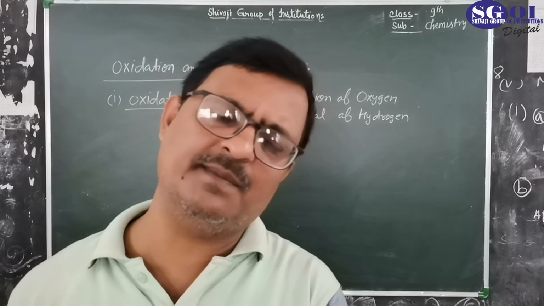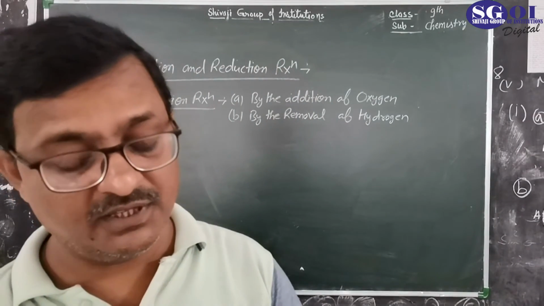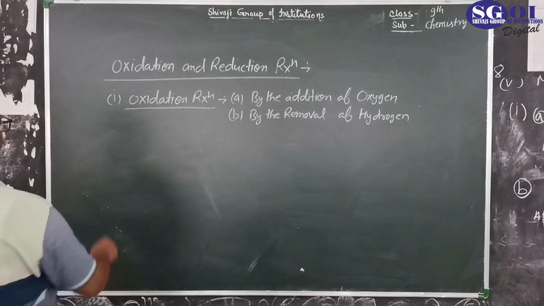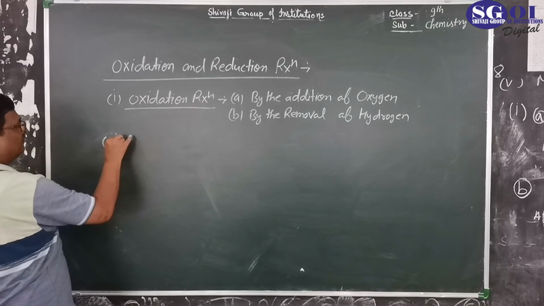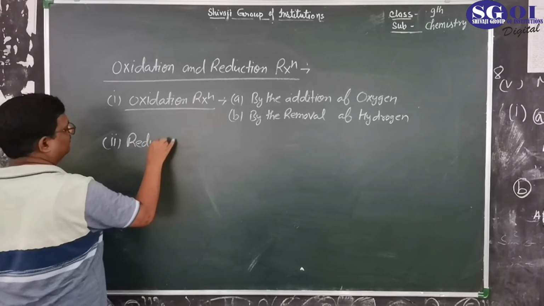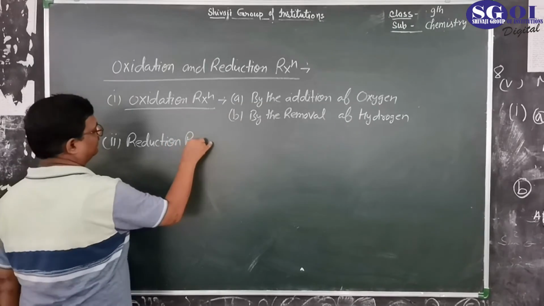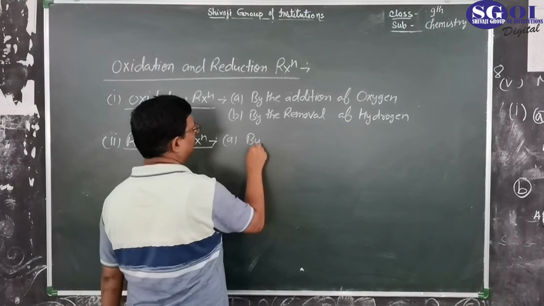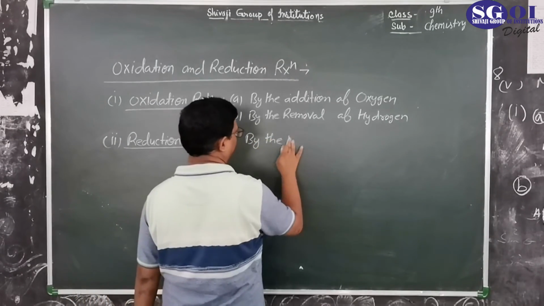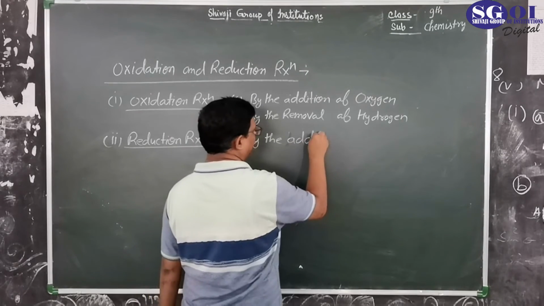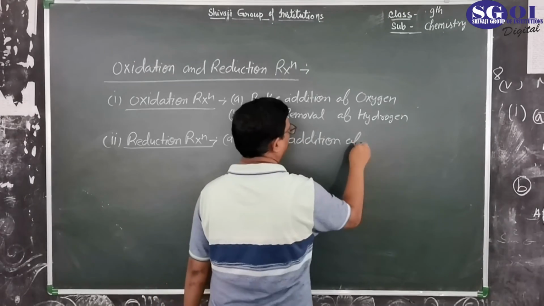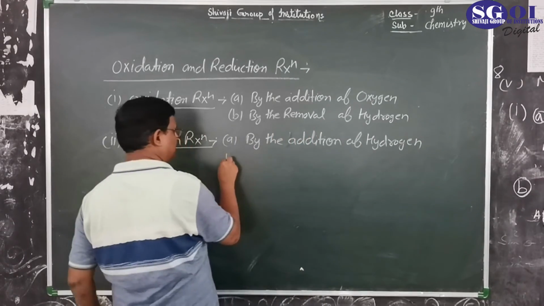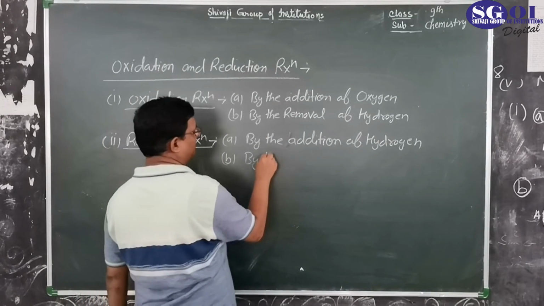Here we take some examples of how you decide oxidation and reduction. Similarly, how will you define the reduction reaction? First, by the addition of hydrogen, and second, by the removal of oxygen.